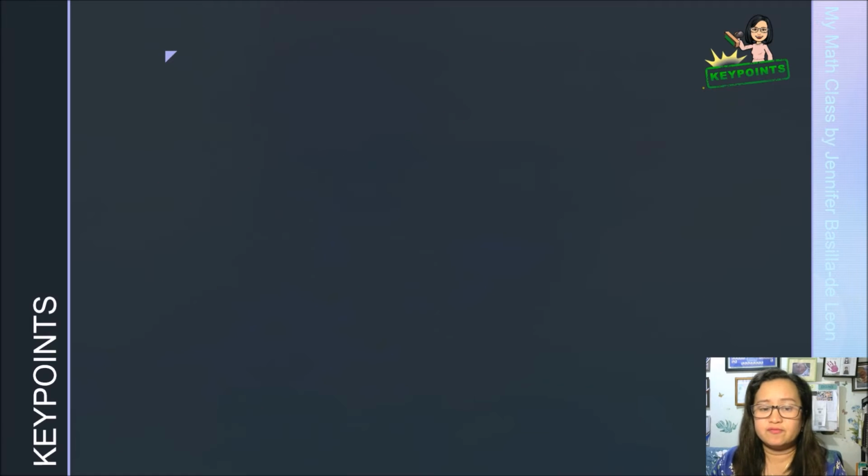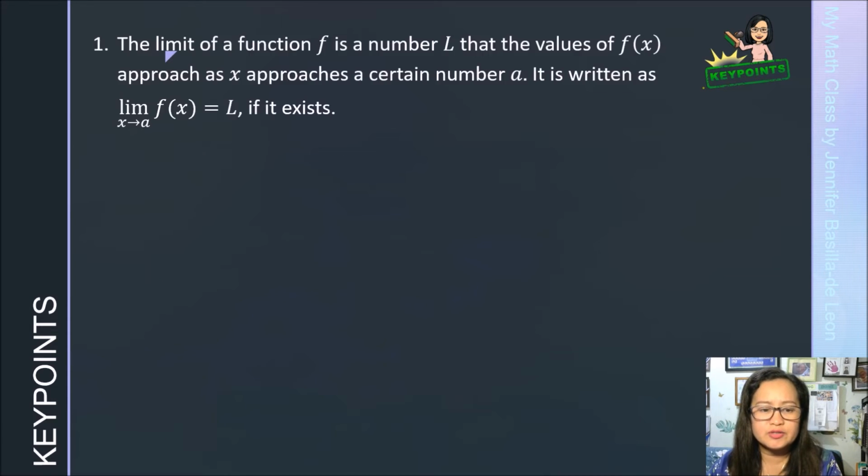Now, before we proceed to the limit laws, I would like you to remember the following key points. The limit of a function f is a number L that the values of f of x approach as x approaches a certain number a. It is written as the limit of f of x as x approaches a equals L, if it exists.